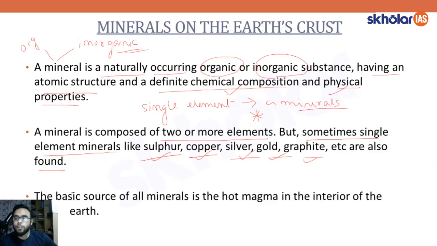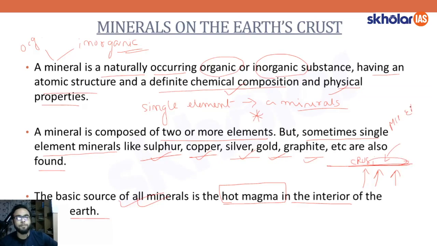Understood? So the basic source of all the minerals is the hot magma in the interiors of the Earth. So what is the basic source of all minerals or elements? It is the magma, right? So this is the Earth's surface. Magma is flowing from the downward direction towards the Earth's crust. So when this magma cools down here, what will we get on the Earth's surface?